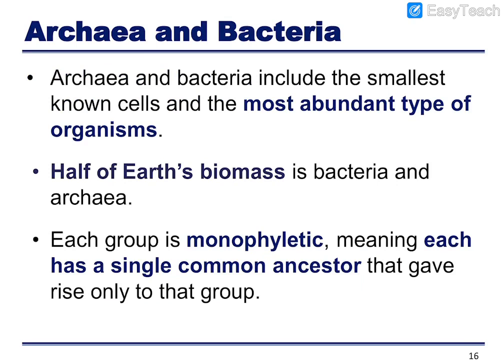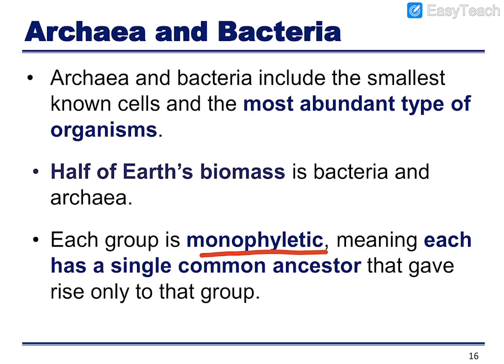Archaea and bacteria are so small, yet they are the most abundant type of organisms on Earth. Did you know that half of Earth's biomass is bacteria and archaea? Archaea and bacteria are each monophyletic, which means they each have a single common ancestor that gave rise only to that group.